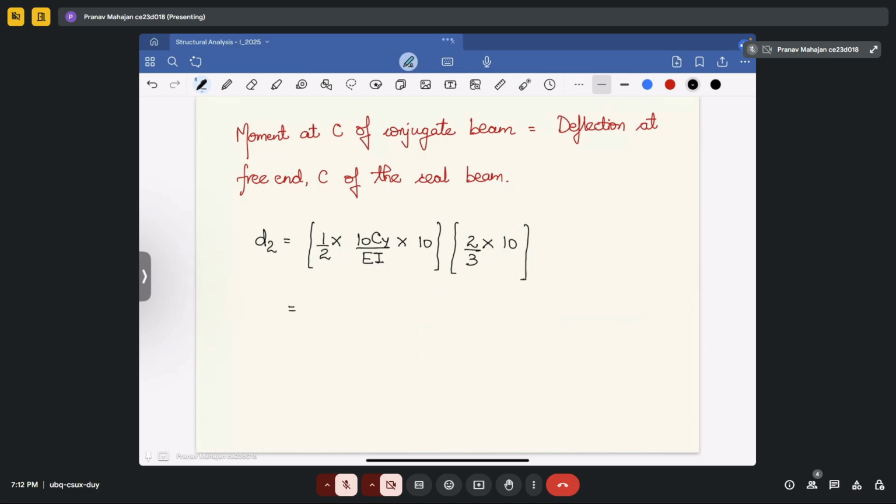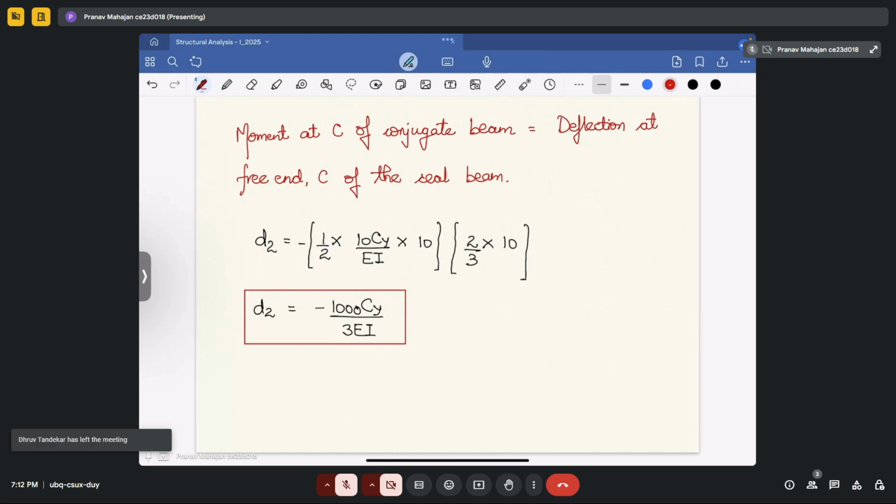And this will be negative, because if I take one as positive, the other will be negative, since one is in upward direction and another is in downward direction. You can take any one of them to be positive or negative. So your deflection at point C will come out as equal to minus 1000 Cy upon EI.